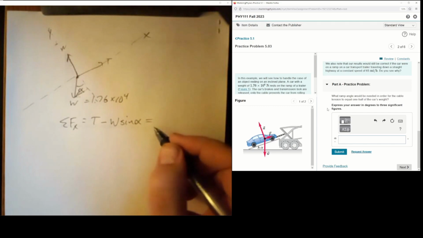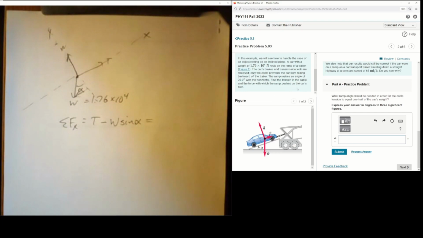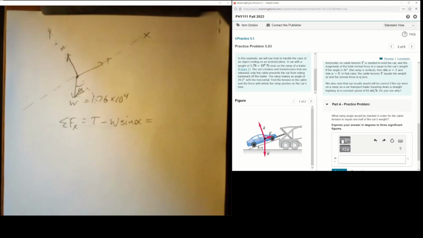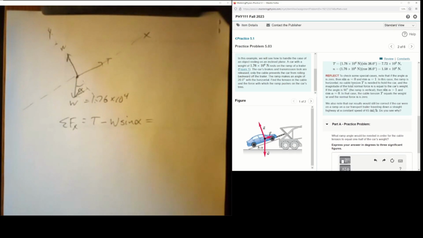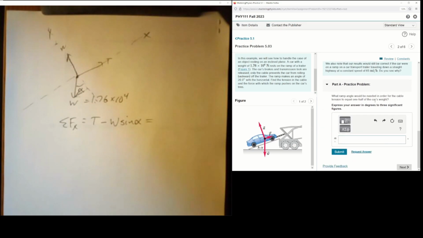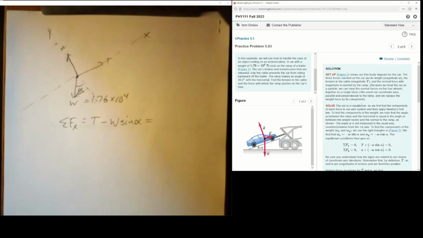Or are we? Didn't read that part. Oh, so this is the setup for what they work out here. So it is important to know they don't say anywhere that the car is at rest or with constant velocity.